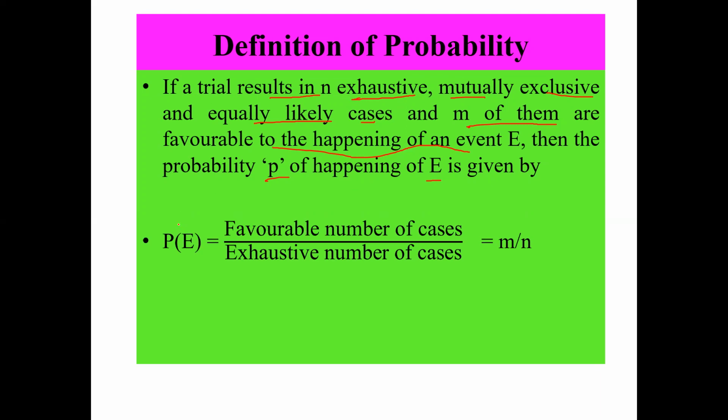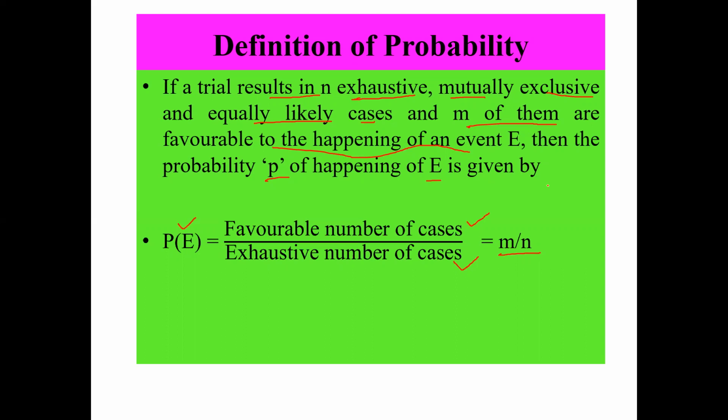Probability of event E is equal to the favorable number of cases divided by the total exhaustive number of cases, that is m divided by n as defined in the statement. This is the basic definition and formula of probability.